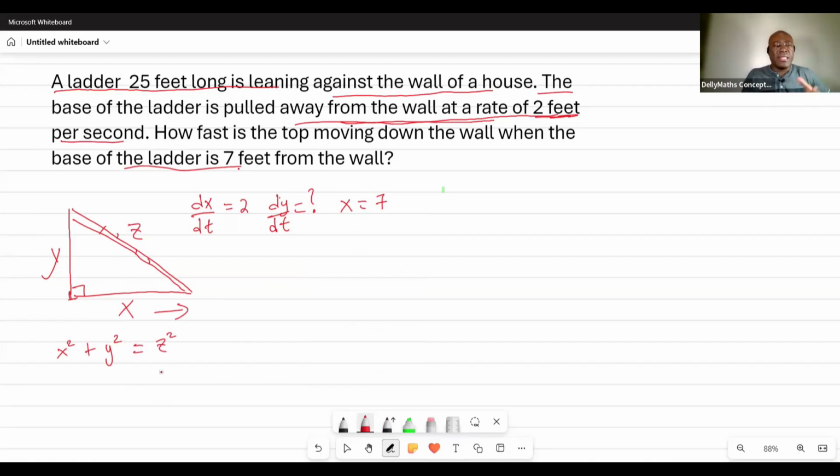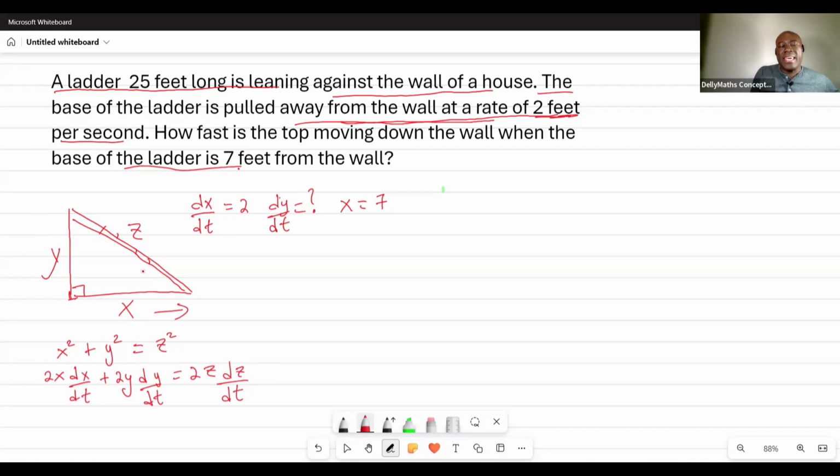Now, we could take the derivative with respect to t for all of these. So x squared will be 2x dx/dt, y squared will be 2y dy/dt, and this is equal to 2z dz/dt.